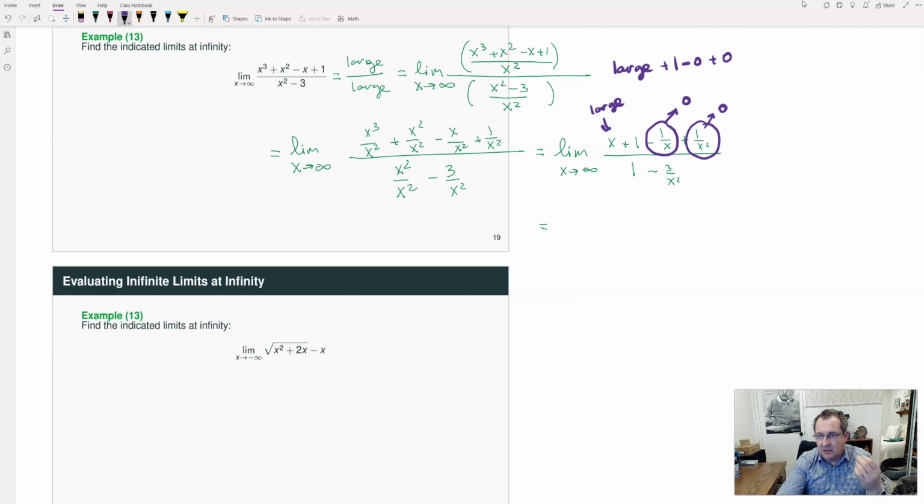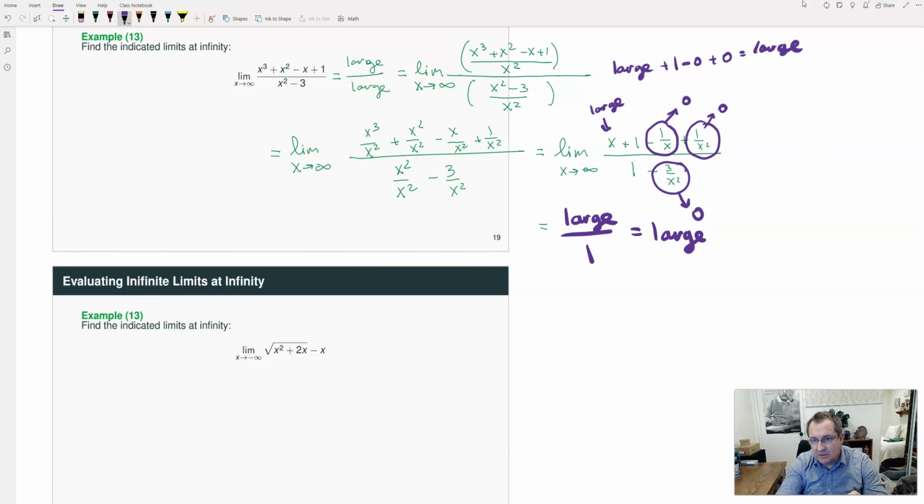Overall, when I take a large number, I add 1, I still get a large number, and I subtract 0 and another 0. The result is still large. Let's take a look at the denominator. Well, negative 3 over x squared is going to be a small number, and 1 stays the same. It looks like our fraction has the following form. Large over 1. When we take a large number divided over 1, the result is large.